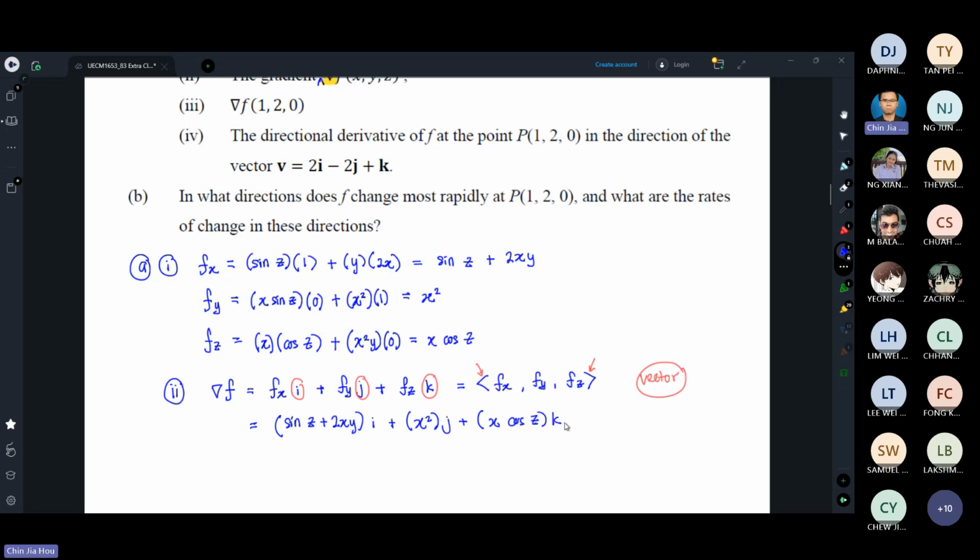Done. That's it. So if the question never asks you, like in part A, to find the partial derivative, it's okay. You proceed to find the first order partial derivatives as well, because if the question asks you for gradient vector, eventually you still need them, right?